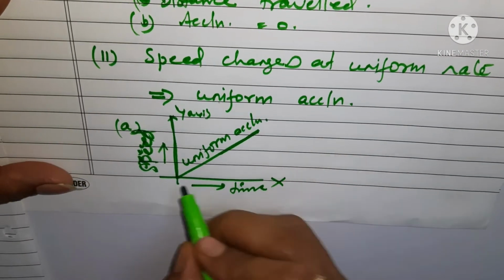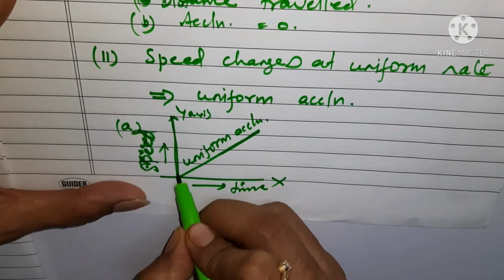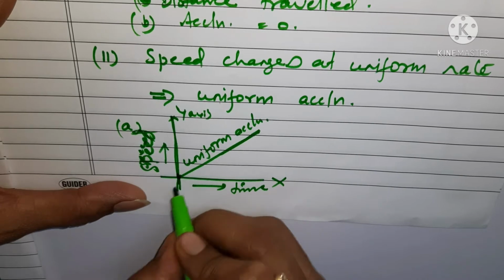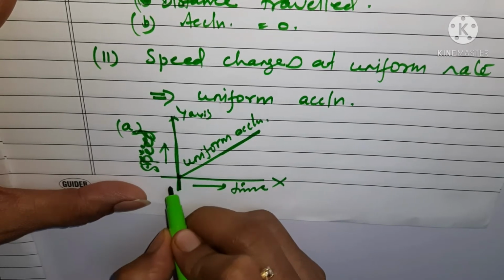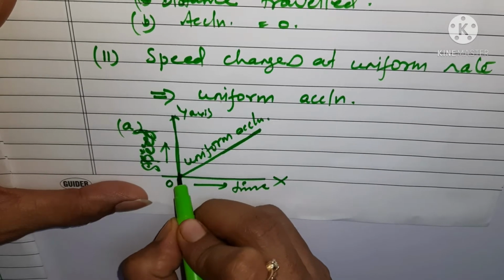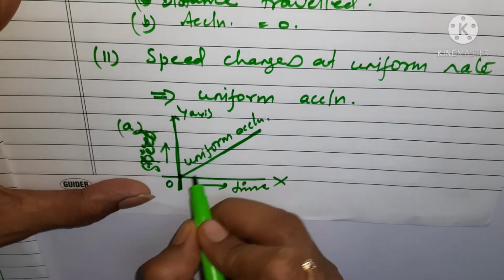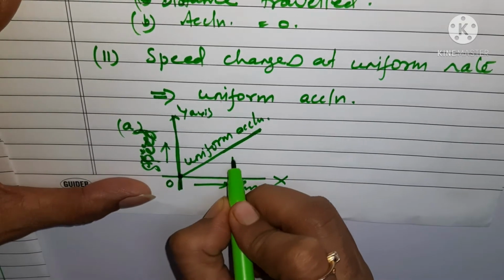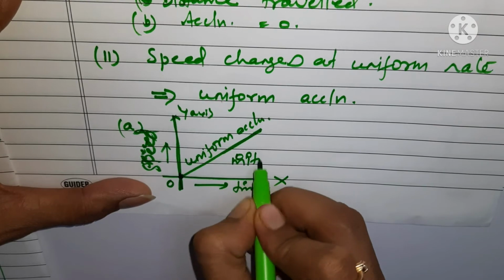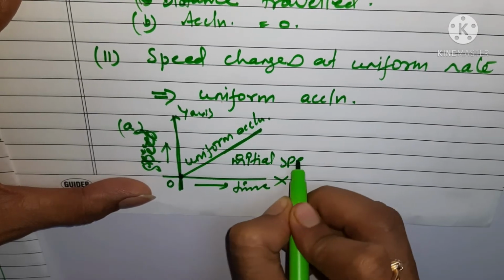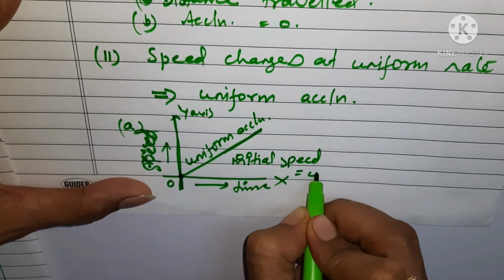In this case, the moving body has an initial speed of 0.